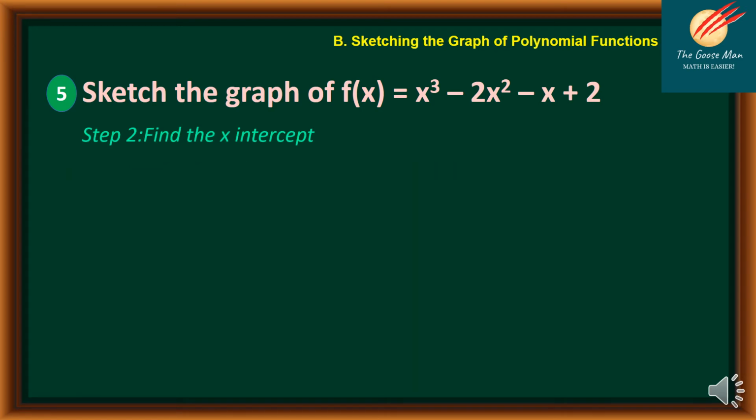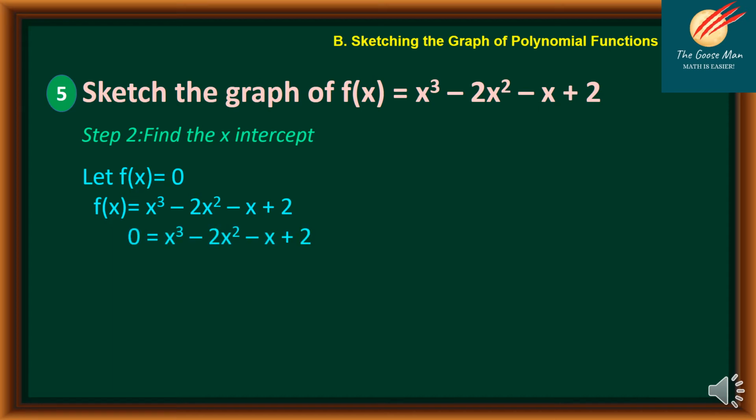Second step, find the x-intercepts, meaning to say we will let the function be equal to 0. So we have f of x is equal to x cubed minus 2x squared minus x plus 2, which will become 0. Again, using the factoring technique, we will use here factoring by grouping. The common factor between x cubed and negative 2x squared is x squared.